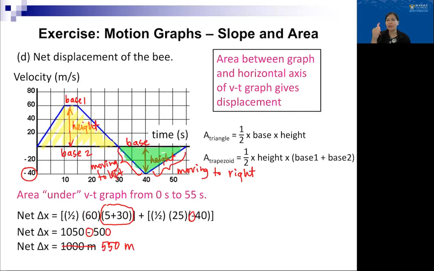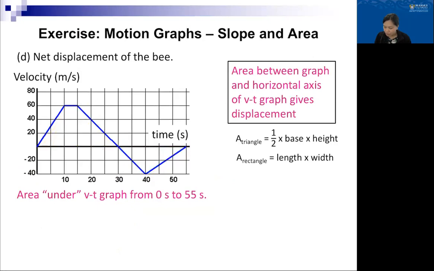All right. So okay, we're happy with that. Yeah. Good. So thanks for the correction there. Negative 500. So the net displacement is 550.